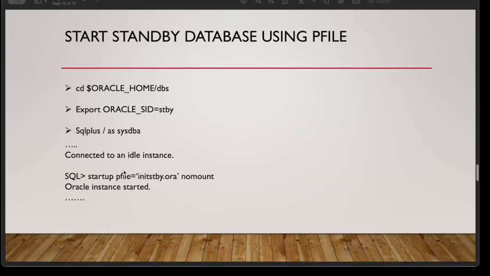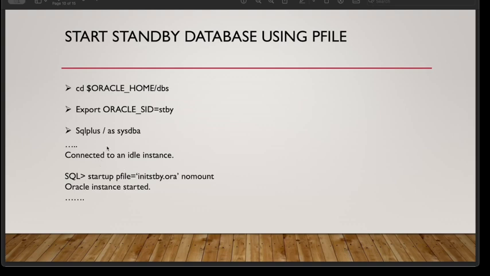Now you need to start the standby database using the parameter file. So I'm going to the folder where the parameter file exists. Otherwise you have to mention the path where the parameter file exists or where you have created it.